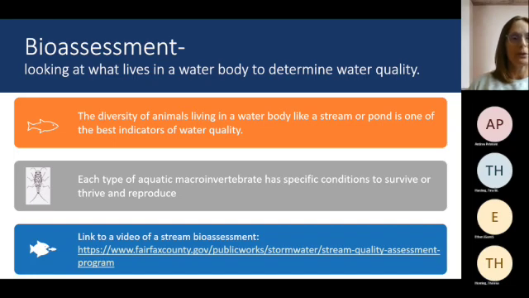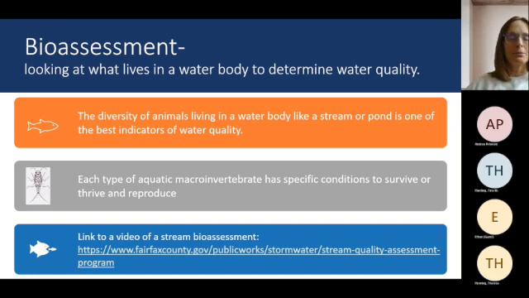And the second point, the middle one, says each type of aquatic macroinvertebrate has specific conditions that it can survive and thrive in. So we'll dive a little bit deeper in on how we use aquatic macroinvertebrates.